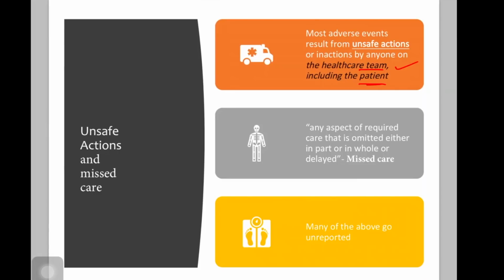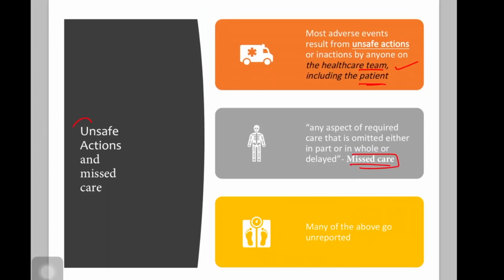Maybe the patient starts taking the prescribed drugs more than the defined dose. And missed care is defined as any aspect of required care that is omitted either in part or in whole, or delayed. This is how we define missed care.